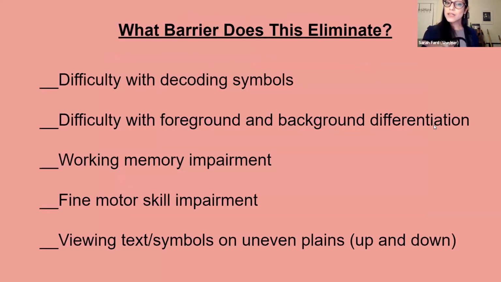So if I'm color coding to correlate with my pitch, what barriers could I eliminate by doing that? I color code my notes to match the colors on the instrument for finger placement.